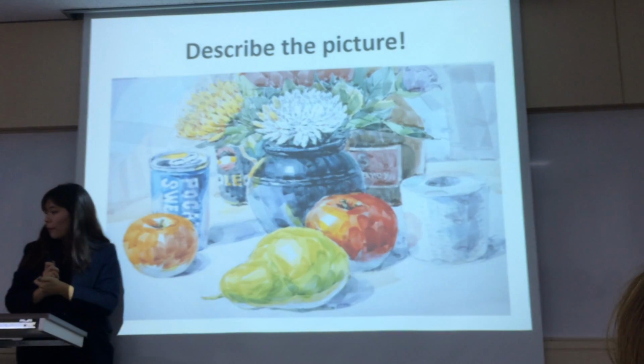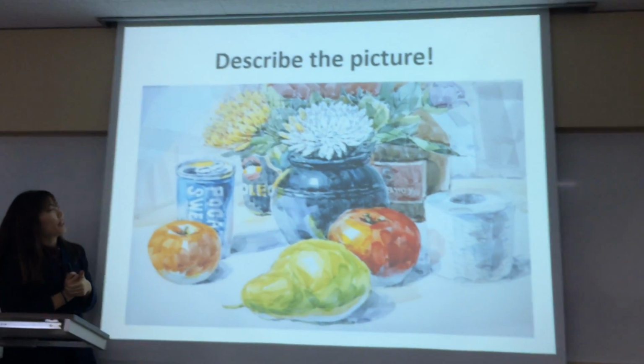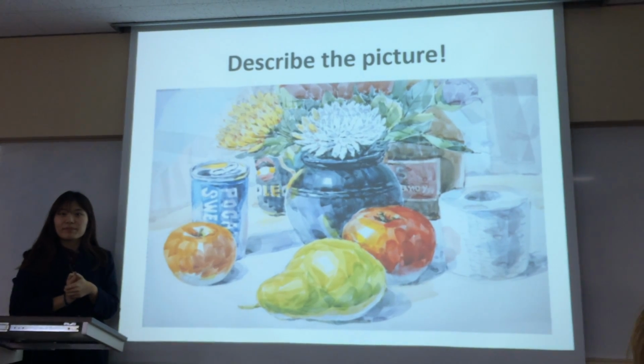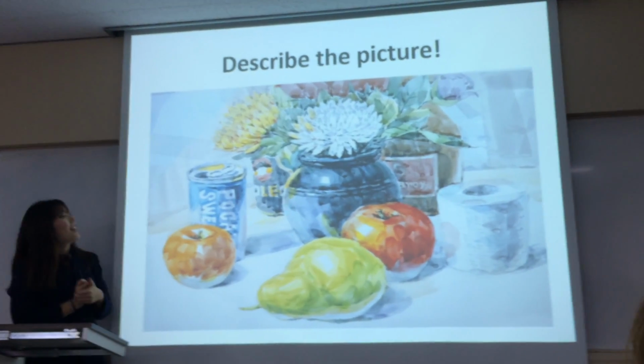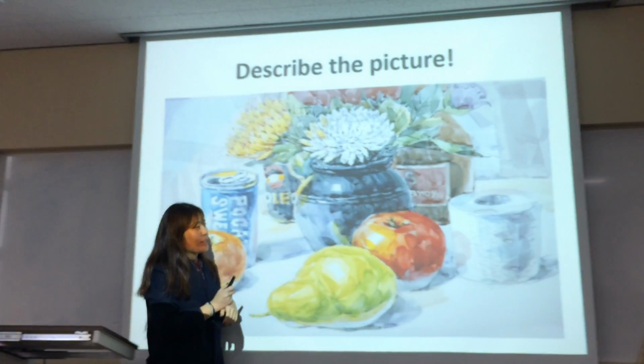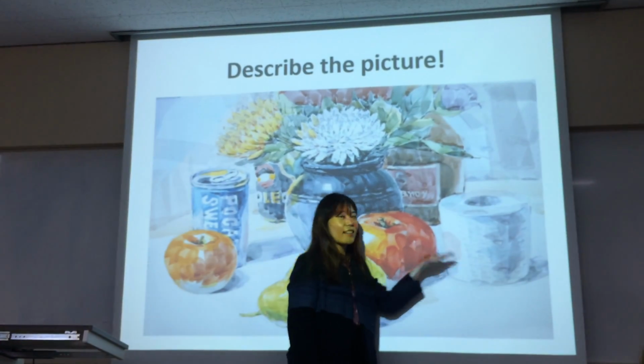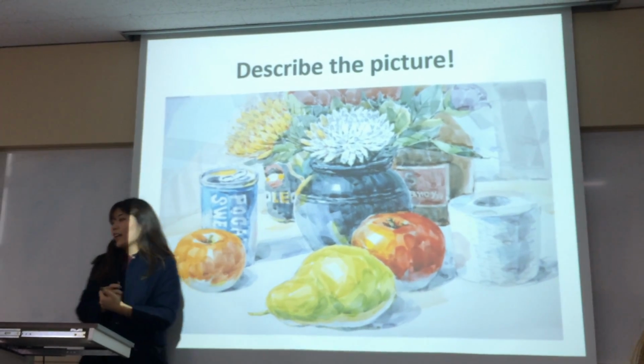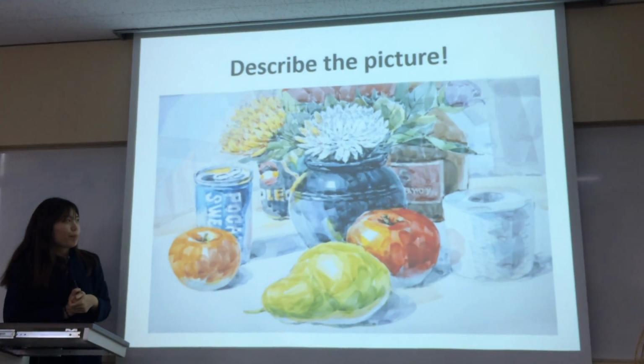Then this time, what else? What can you see more in this painting? Yes, Yajin? That's great. You can see toilet rolls on the right side and a beverage can on the left side. Thank you for your participation.